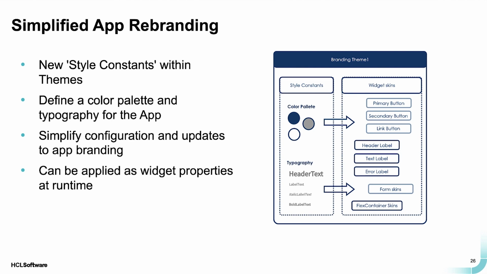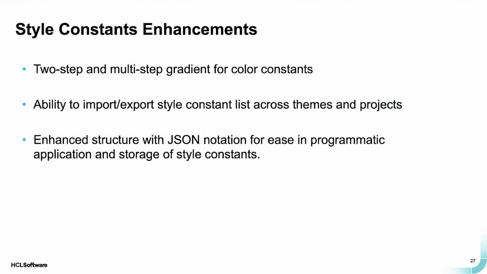And to enable simplified app rebranding, one of the other features that we brought in was the concept of a style constant. Okay, so now styles can be used as constants. You can create a primary color style as a constant. That primary color can be a single color, it can be gradients.